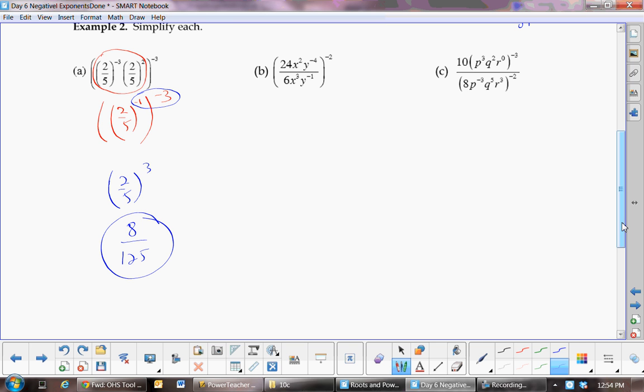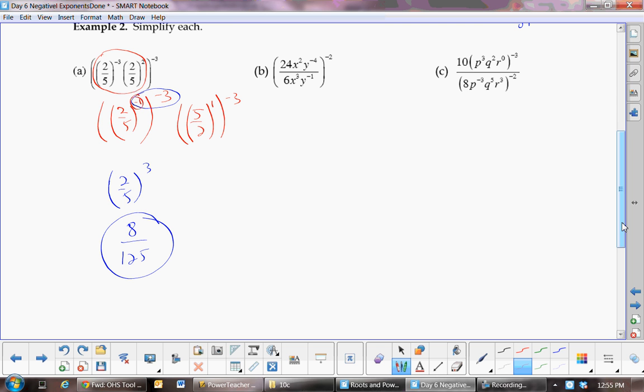I can do it that way too, but I'd have to work from the inside out. So can I do it your way? So let's just do the negative 1. So this would have been 5 over 2 to the 1 to the negative 3. Okay, I've just done that.